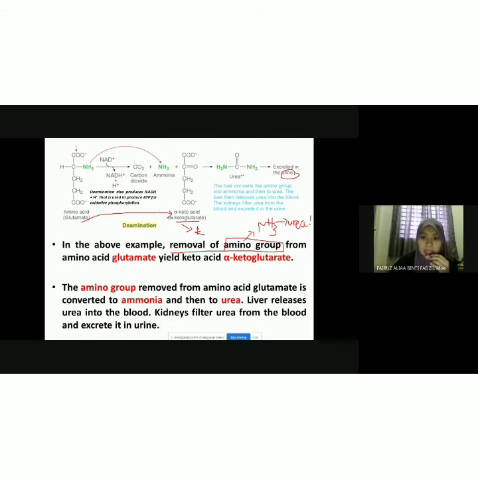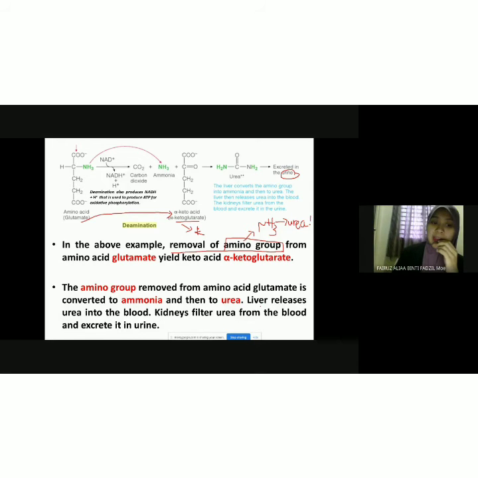Then the liver will release the urea. Once we have the urea, it needs to be excreted in the urine, right? Which organ produces urine, class? Kidney. Yes, kidney. That's why this urea needs to be transported to the kidney through the blood.